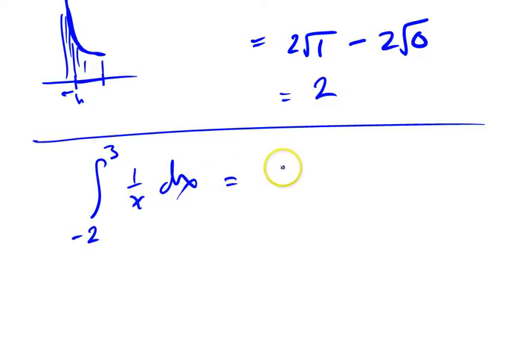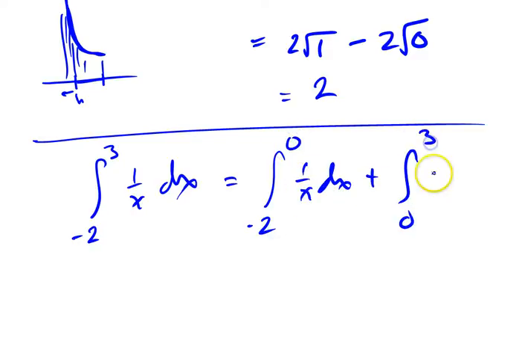So what I need to do is take that integral from minus 2 to 0 and then add from 0 to 3. If either one of these integrals diverges, then I'm going to say the whole thing diverges. I need both of these to converge in order to add them up and get a finite answer here.